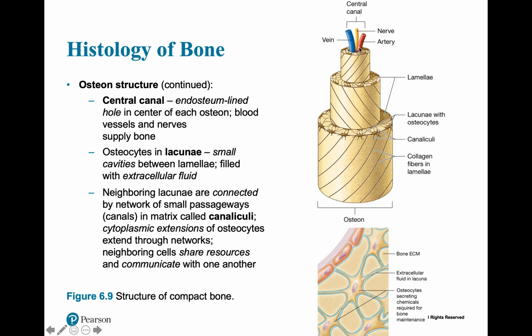This allows for nutrients to go from the blood vessels of the central canal to all of the osteocytes within this osteon, and waste products from all these osteocytes to go back to the blood, for them to get rid of the waste products into the venule that's located here, okay? All right, so what do these canaliculi do? They allow for communication between osteocytes as well as diffusion of nutrients and waste between the osteocytes and the central canal.